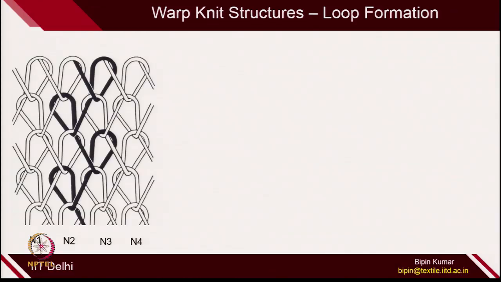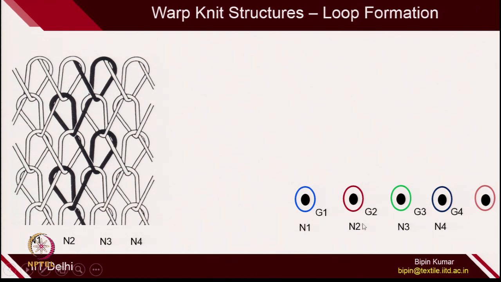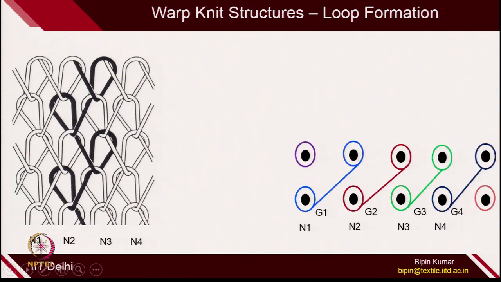Another important thing which I already mentioned in the last class: when you are following all the guide bars, you will realize that in the first course each individual guide gives yarn for loop formation to each individual needle, but in the second course the needles receive yarn from different guides.